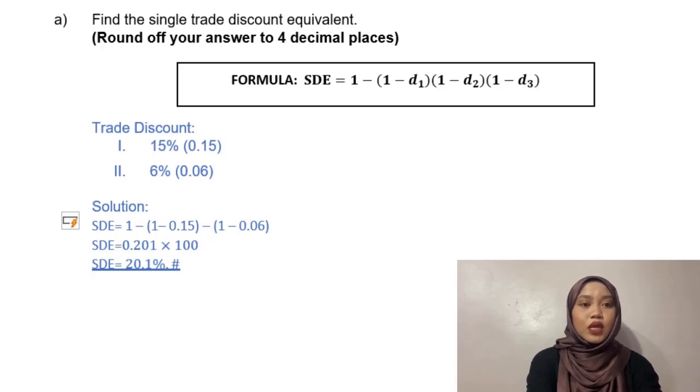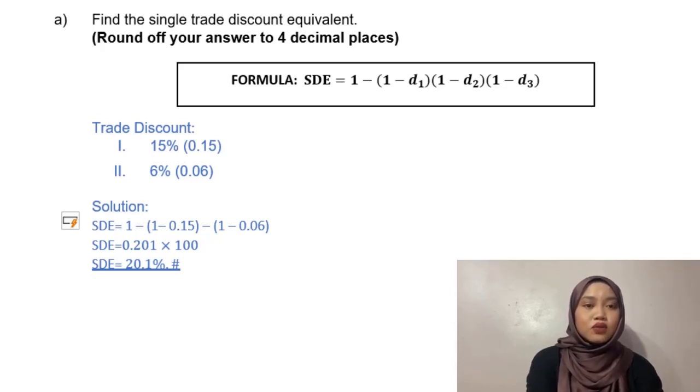So for this question, we need to list out all of our trade discount information. And this question only has 2 types of trade discount. The first one is 15%, which is equal to 0.15. And the second one is 6%, that is equal to 0.06. Solution for this question is SDE is equal to 1 minus in bracket 1 minus 0.15 in bracket 1 minus 0.06.